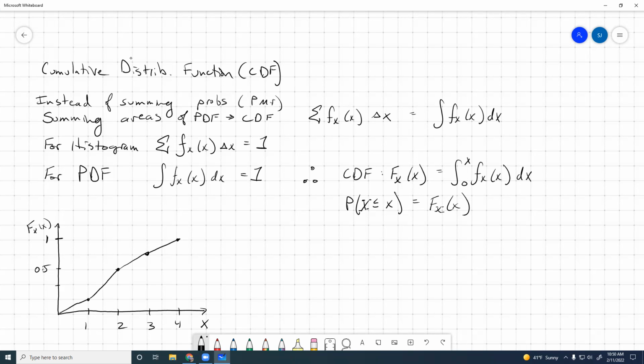If we just want to read off a value, so we say, what is big F of X, the cumulative distribution function, at 2? This is equal to the probability that X is less than or equal to 2. And all we do is read off this value. It's the same as going up to that triangle and integrating and calculating the area up to that point.